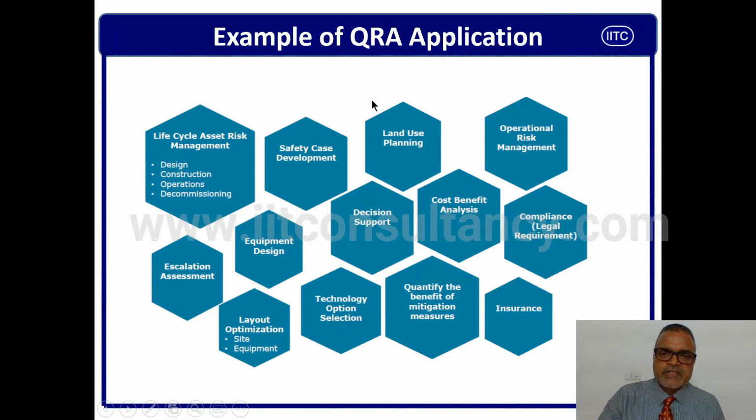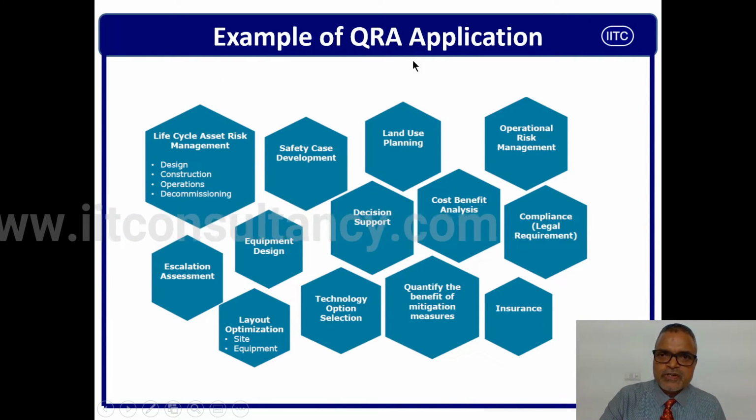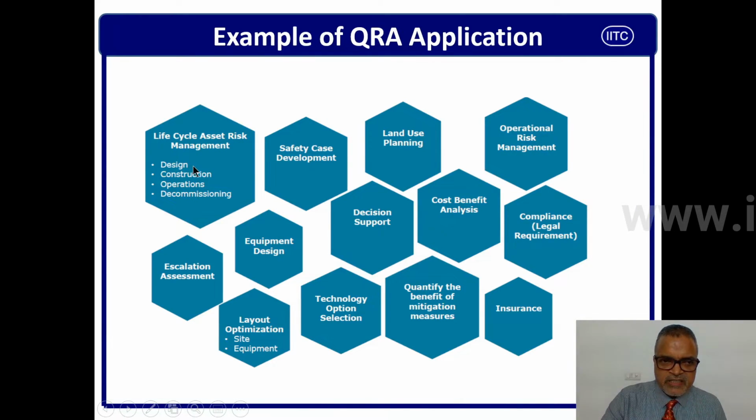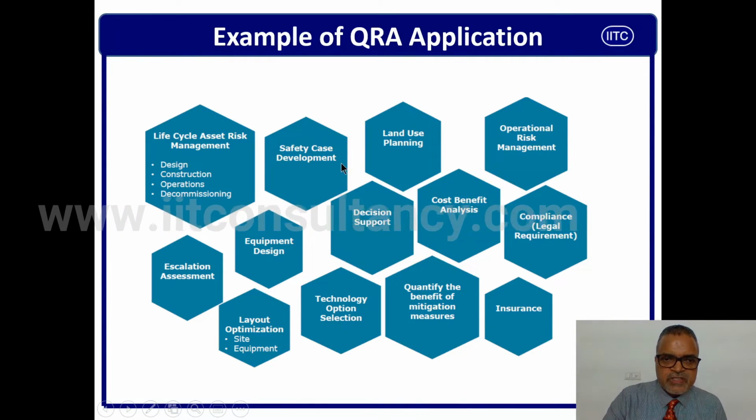Here are examples of QRA applications. QRA is done to assess life cycle asset risk management in terms of design, during construction, during operation, and during decommissioning. QRA is also done as per the safety case requirement for developing the safety case as per UKHSC.